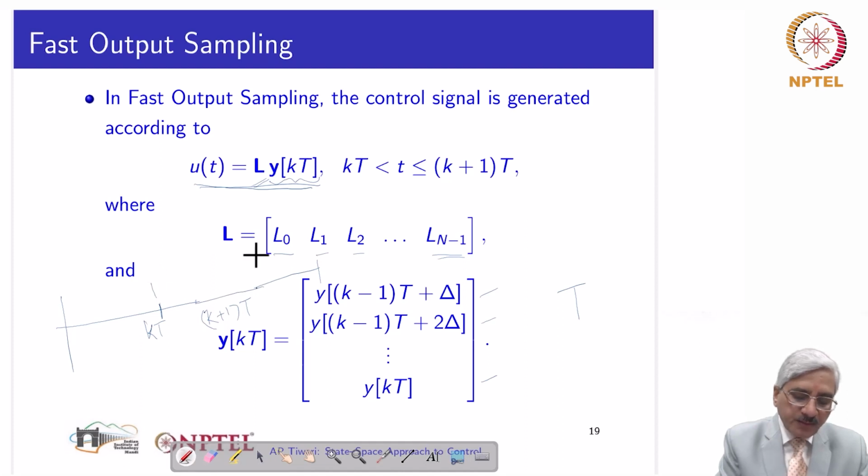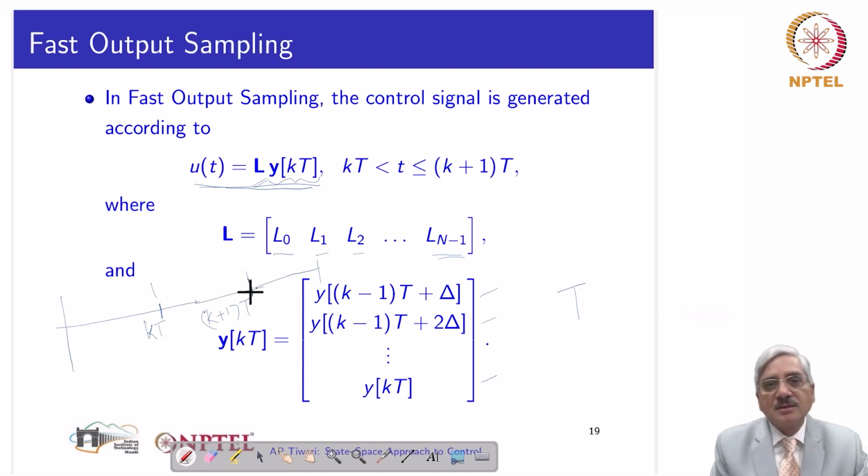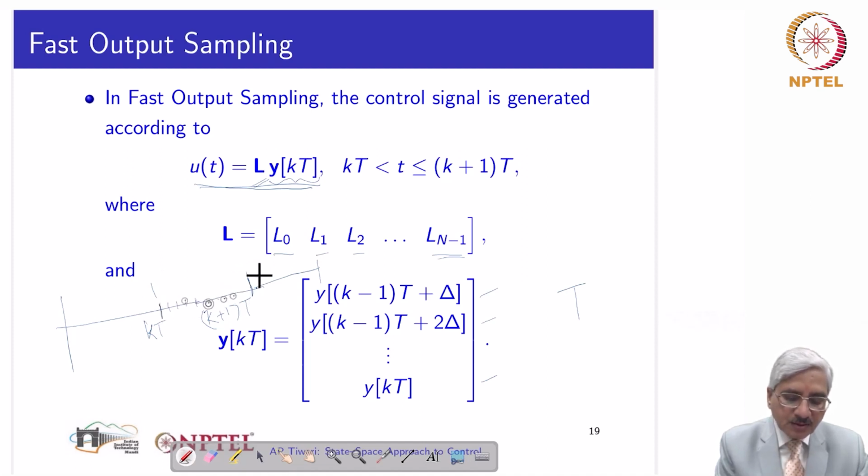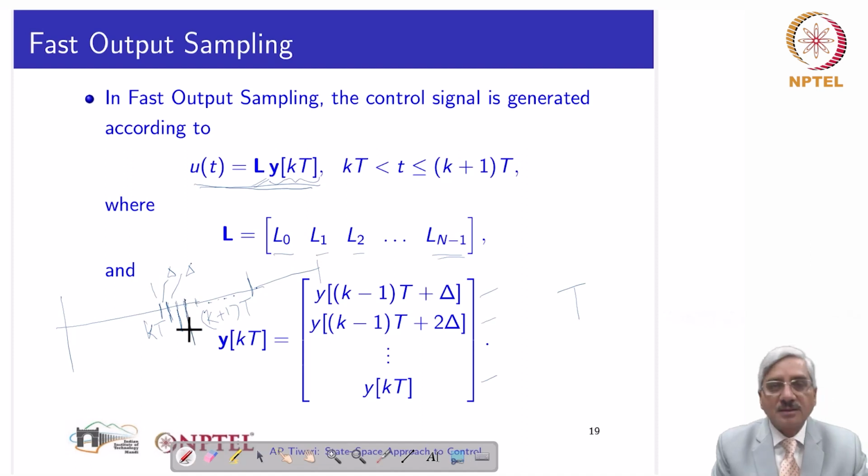So input is updated at these two instants. However, the output signal is collected several times in this interval, and these subintervals each have a measure of delta. So this is kT plus delta, this is kT plus 2 delta, this is kT plus 3 delta, etc. And this is kT plus n delta or (k plus 1)T, because T is n delta.